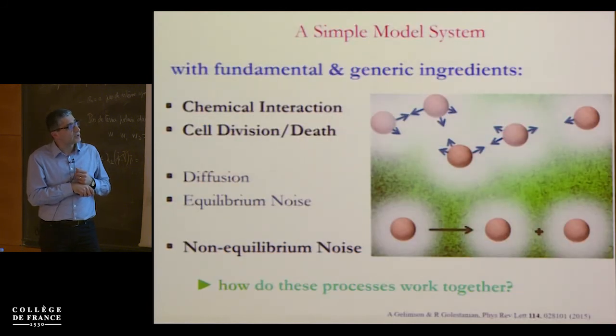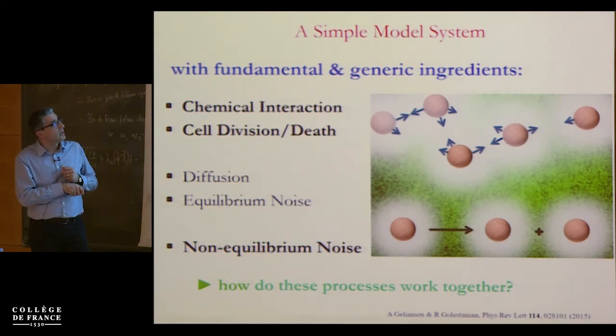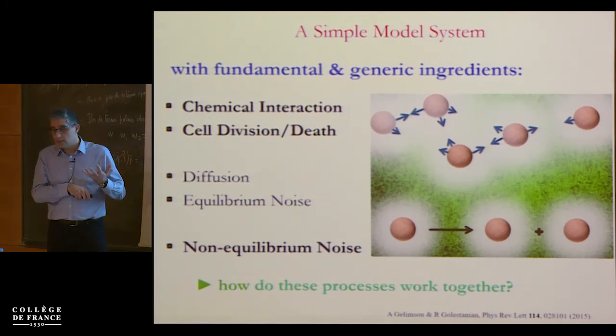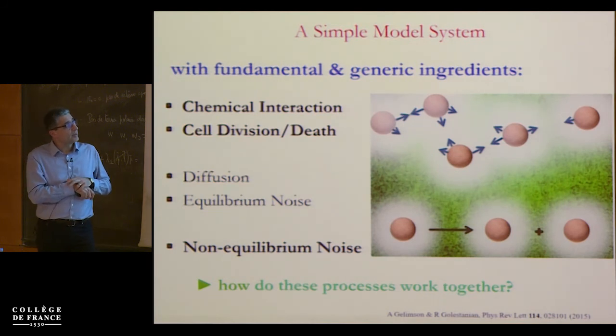In the model that we looked at with Anatoly Gelimson, my former PhD student, we incorporated these chemical interactions, so exactly like I described, a response to the gradient of the chemical, which is being produced or consumed by all of the particles, and then we also introduced cell division.